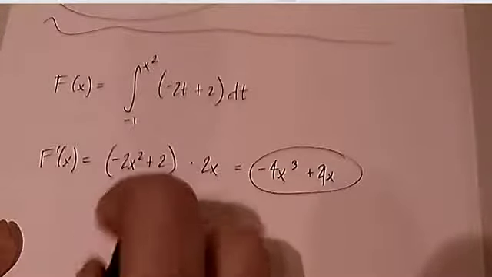Okay? Well, let's do a couple more, now that we sort of have a beat on it. The AP writers love writing functions defined as integrals. So you're going to have to know this, and you're going to have to understand exactly what's going on.